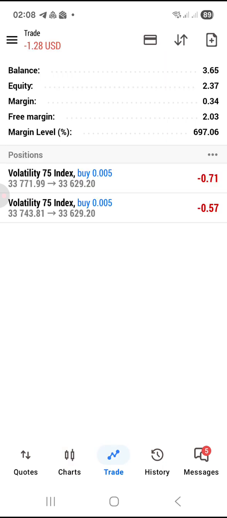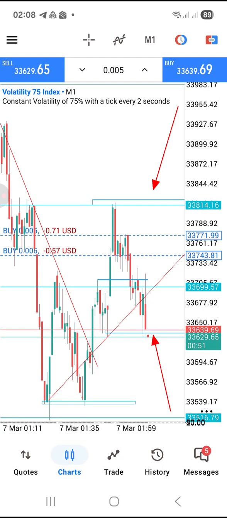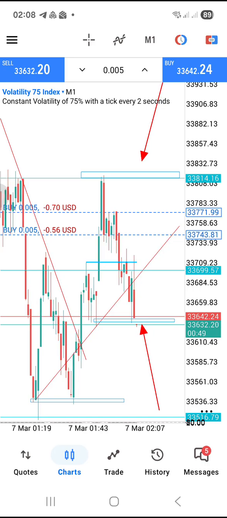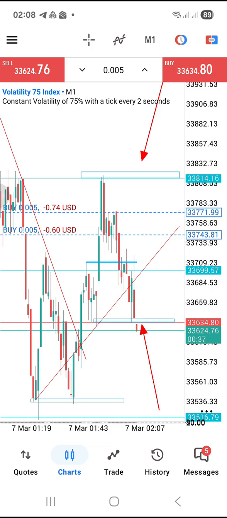Still waiting. Whoa, that's broken the low. This is a seller's market now. We're trapped.